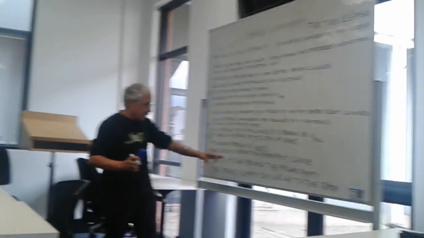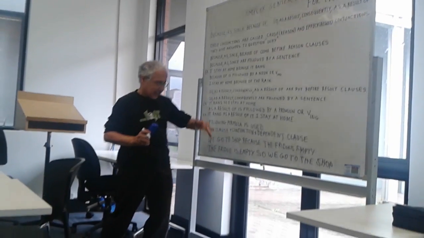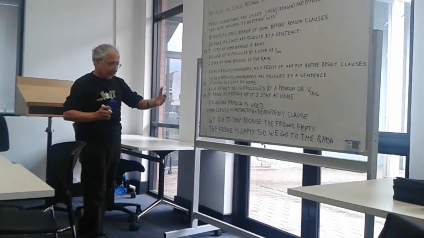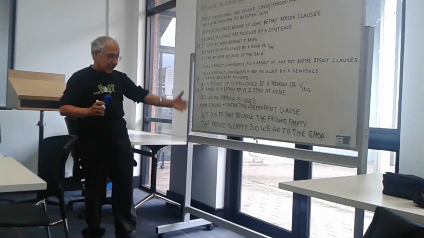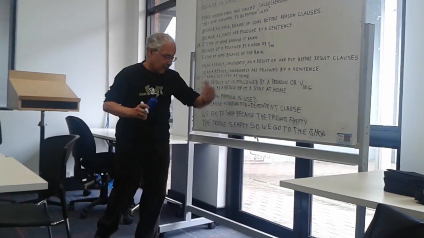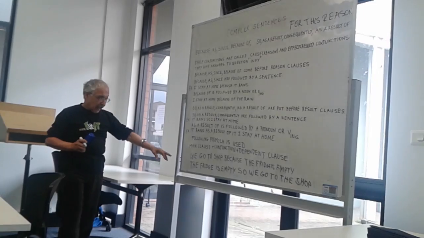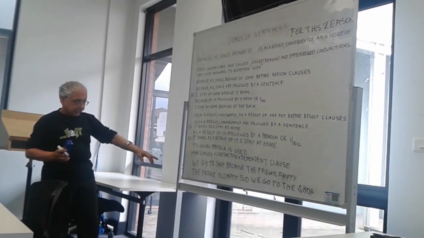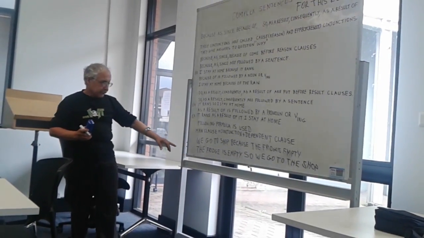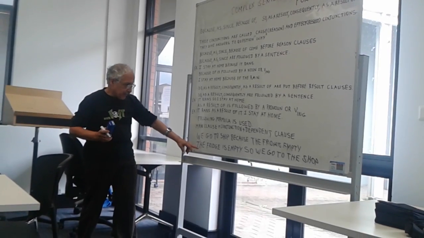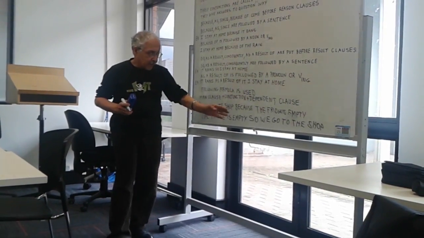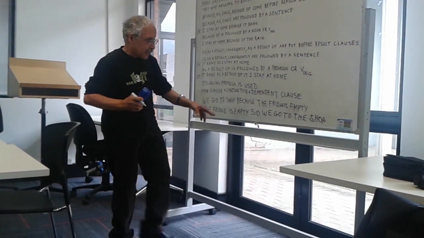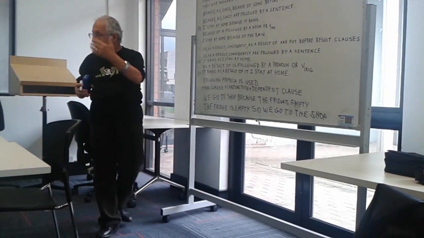In the first group, we start with the main clause, and then we give the reason why we do this. And in the second sentence, we give the reason, then we write what we did for this reason.